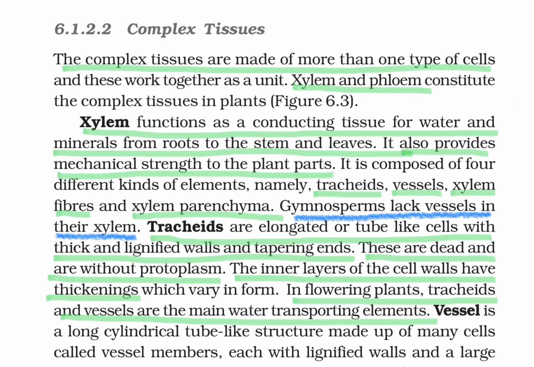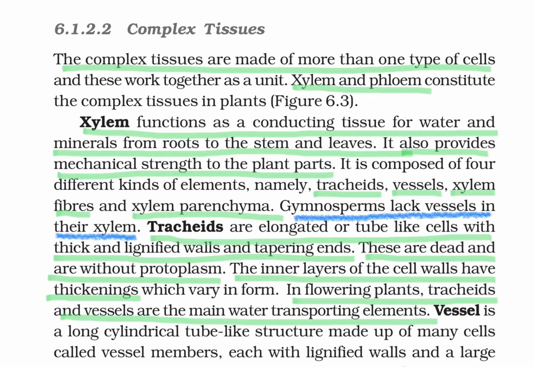If we talk about tracheids, they are elongated tube-like cells with thick and lignified walls. So lignin is present and tapering ends are there. They are dead and without protoplasm, because lignification is always in sclerenchymatous cells. The inner layers of the cell wall have thickenings which vary in form.